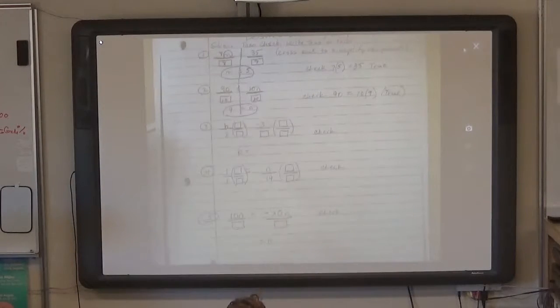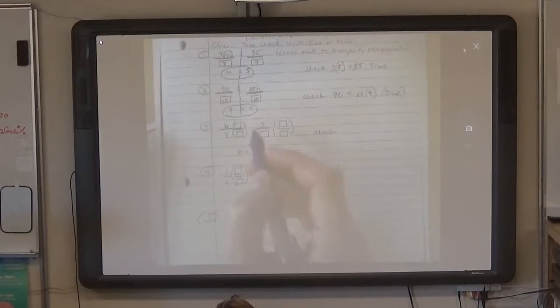Now, here's one. And this one is starting with a fraction. This is b divided by 8 equals -3.